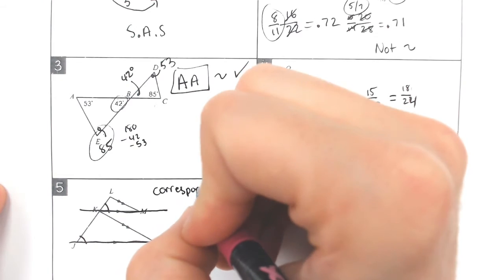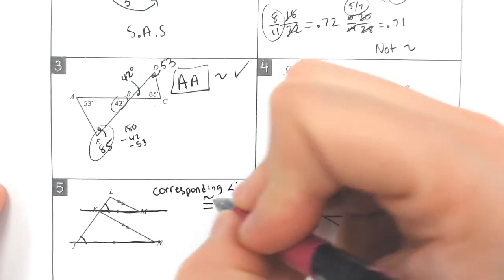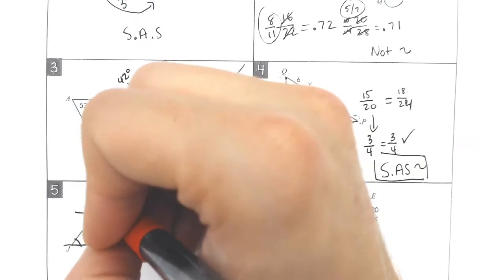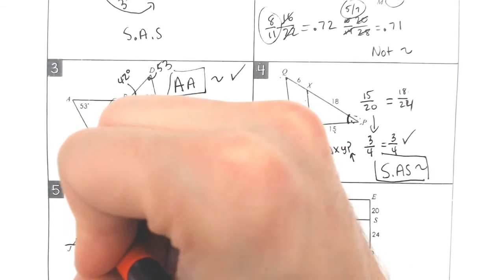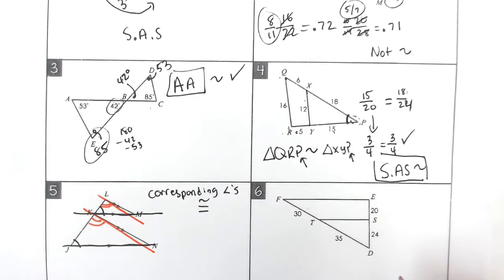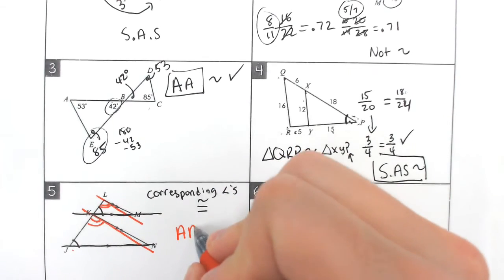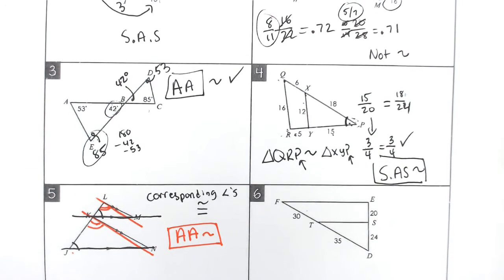And corresponding angles are congruent. But if I focused on two other parallel lines here and here, I would get the other corresponding angles. And that means that I have not one, but two angles, and that is enough to prove that the triangles are similar via angle-angle similarity.